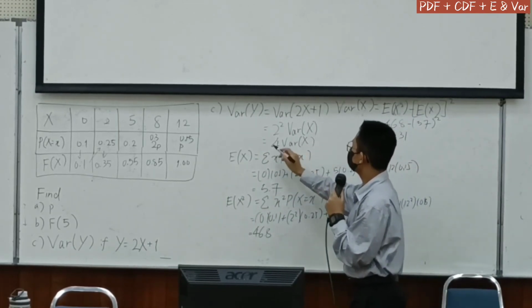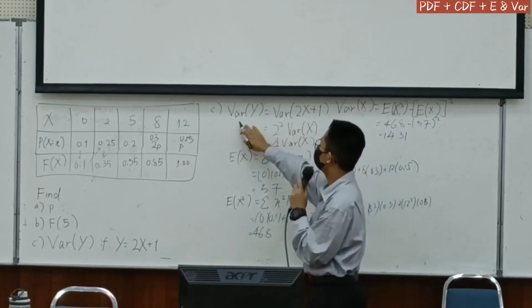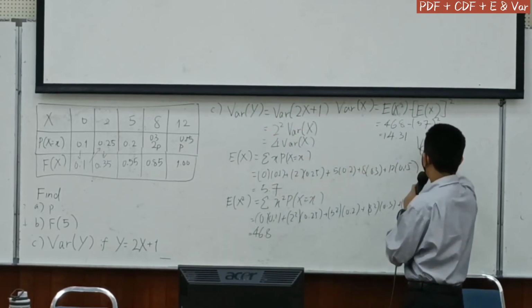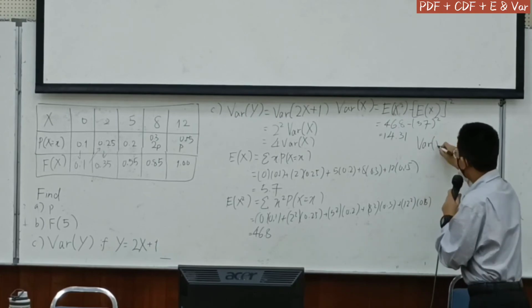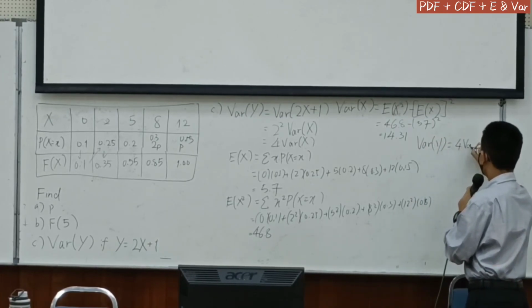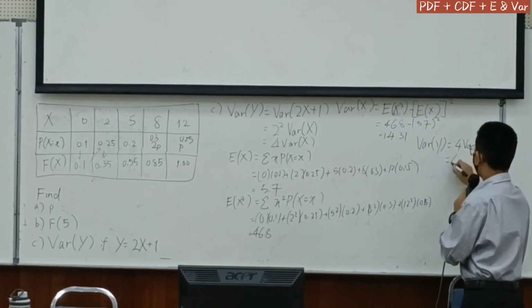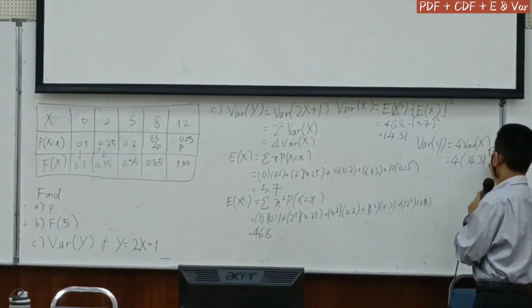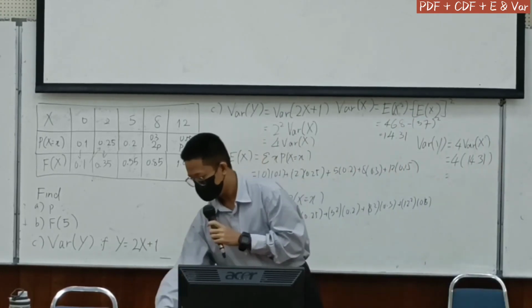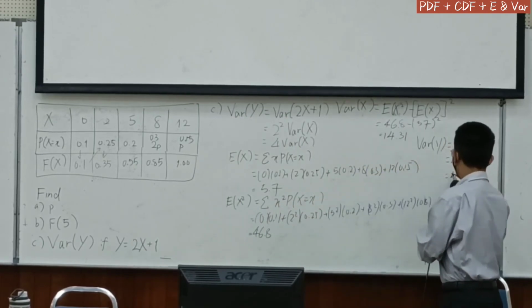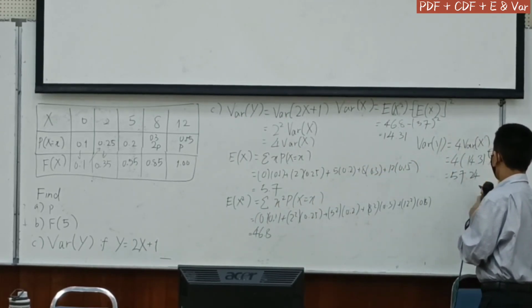And we can use the variance of x to find the variance of y. So the variance of y equals 4 times the variance of x, so 4 times 14.31. So we will get 57.24. And done.